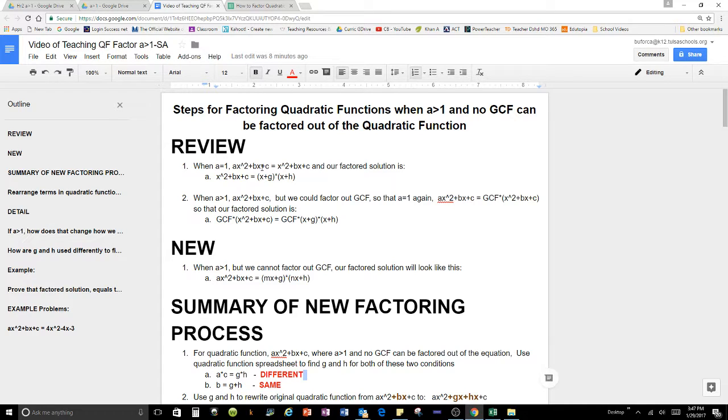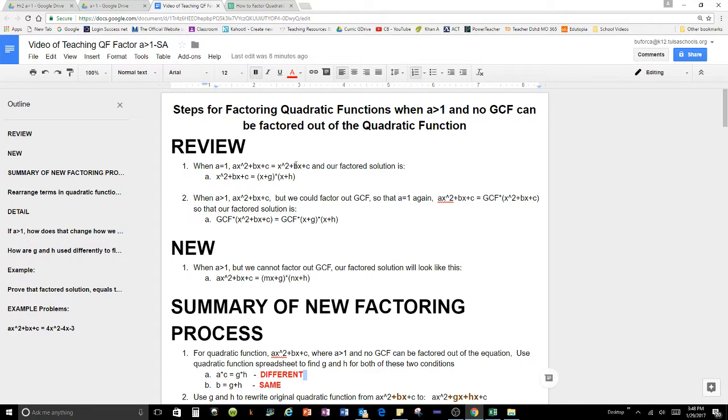And when a is always equal to 1, we no longer have to have the a there, and we just have x squared plus bx plus c, where b could be 10 and c could be 15, so you have x squared plus 10x plus 15.